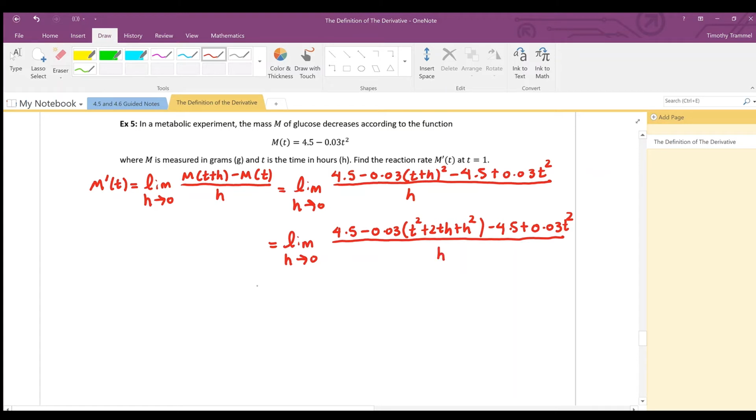And then this is equal to the limit as h approaches 0 of, and you can already see we're going to lose a few terms here. These 4.5s will cancel, and this minus 0.03 t squared will cancel with this. And so let's write what we're left with. So it looks like a minus 0.06 th plus, and actually let's make that minus 0.03 h squared all over h.